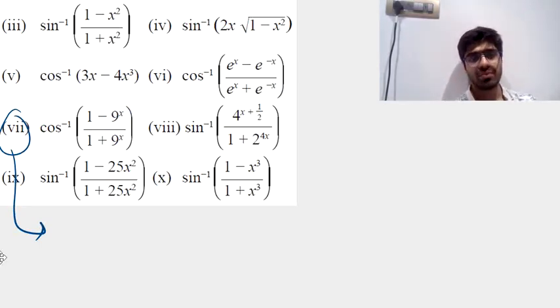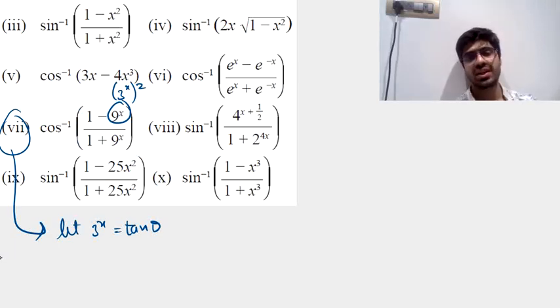You can consider 9 power x as 3 power 2 the whole power x, which is 3 power 2x, and that can be treated as 3 power x the whole power 2. Okay, so we are taking 3 power x as tan theta. So now we have 1 minus tan square theta upon 1 plus tan square theta, which is cos 2 theta.